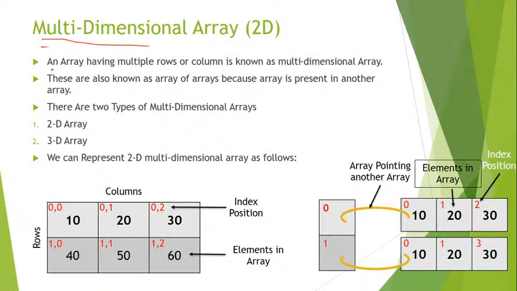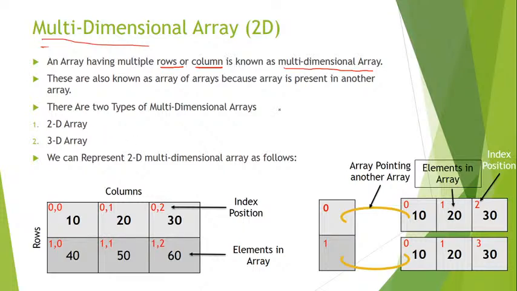An array having multiple rows and columns is known as a multi-dimensional array. A two-dimensional array is also known as matrix form. So if you want to store or show elements in this format, you can use the multi-dimensional array.